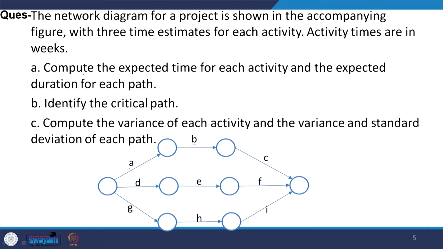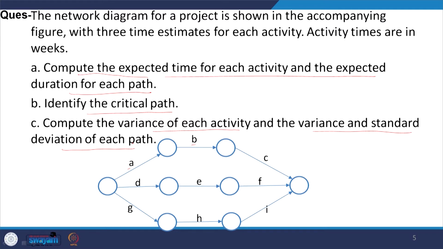Now, you have to calculate the expected time for each activity and the expected duration for each path. Then you have to identify the critical path, and then you have to find the variance of each activity and the variance and standard deviation of each path.